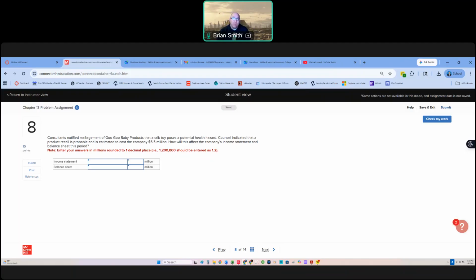So that's going to be a decrease in net income of 5.5 million, and our balance sheet will show an increase in liabilities of 5.5 million.